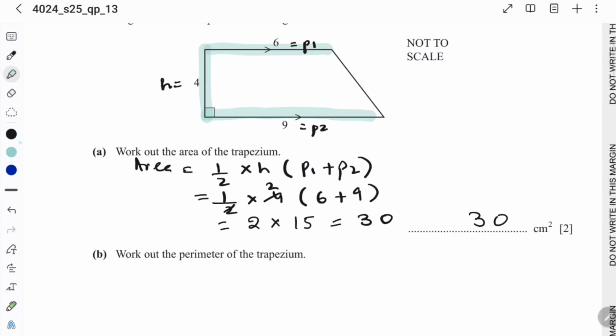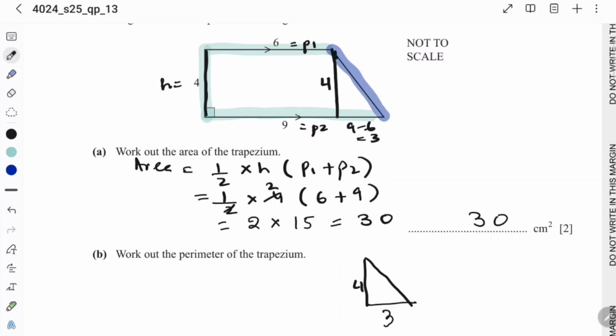The side which is unknown is this side, which is required. So we just make a triangle here to find out this side. This will become 9 minus 6, which is 3, and this is the height, 4, so this is also 4.